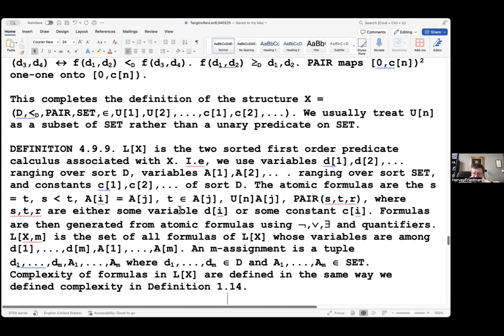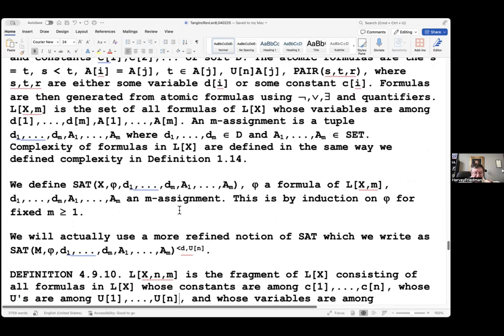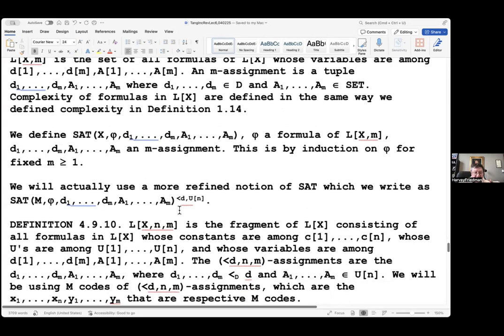And we define SAT as usual. An M assignment is a tuple which handles the first M constants, the first M first order variables, and the first M second order variables are assigned.